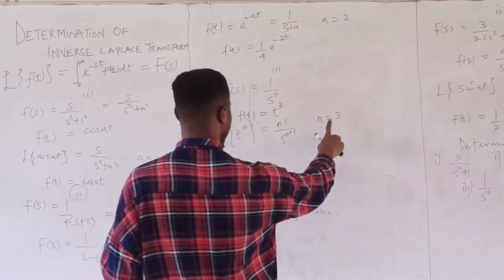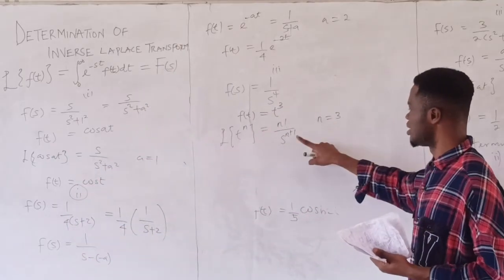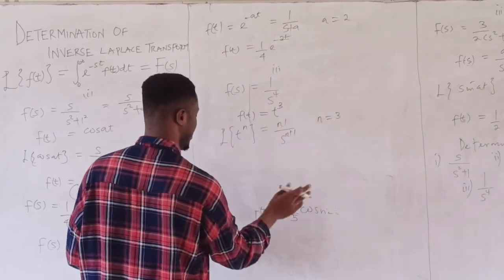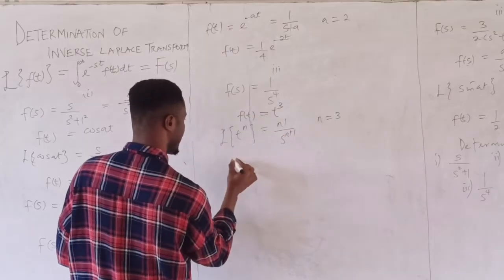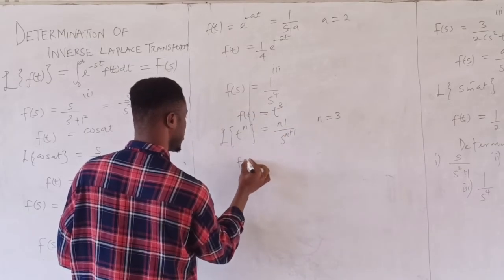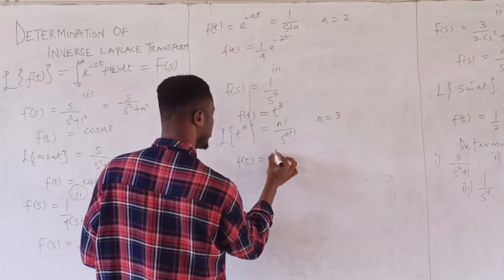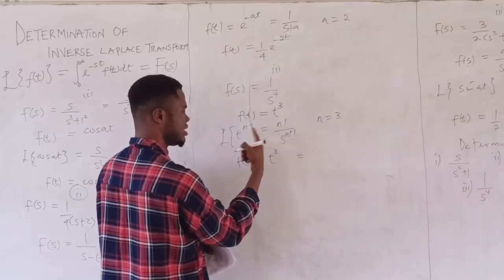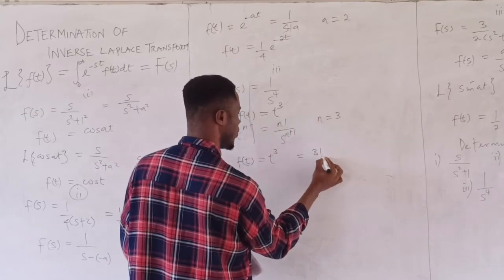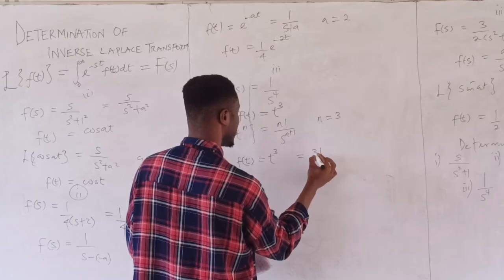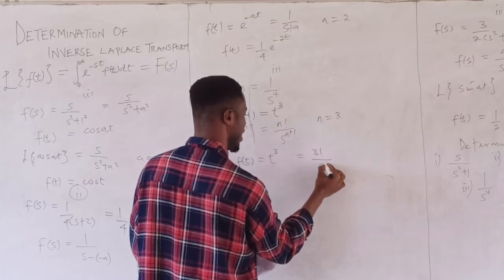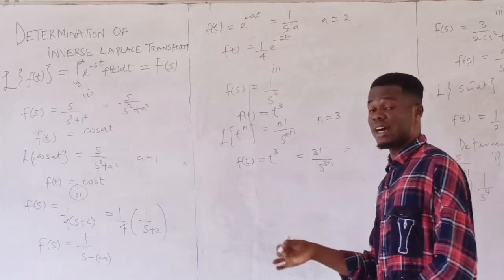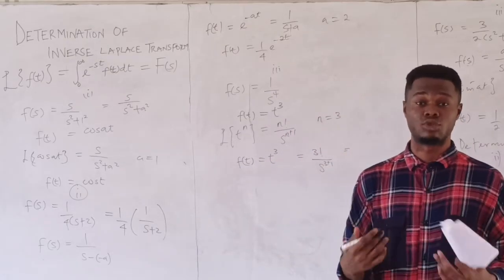Alright, so let's continue. If n is equal to 3, and f of t is equal to t cubed, then since n is 3, it should give us 3 factorial divided by s to the power of 3 plus 1. 3 factorial means 3 times 2 times 1.